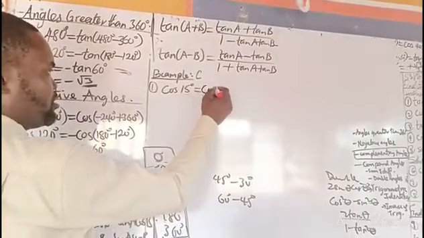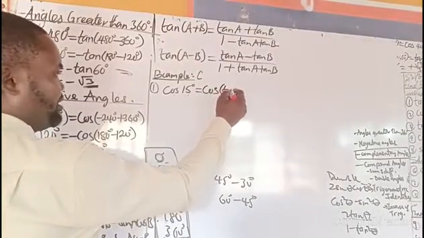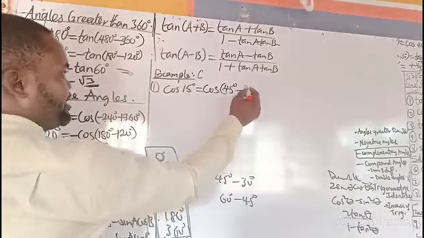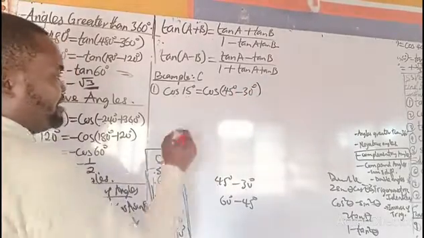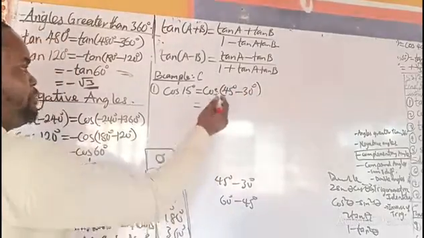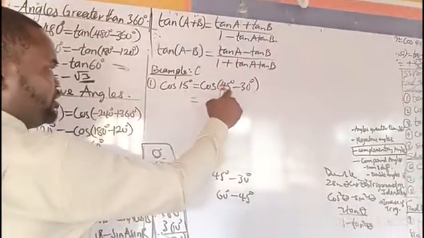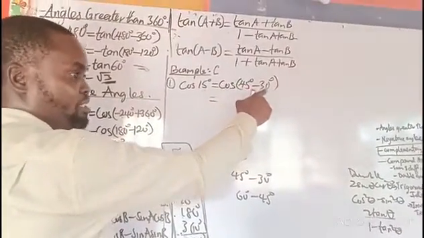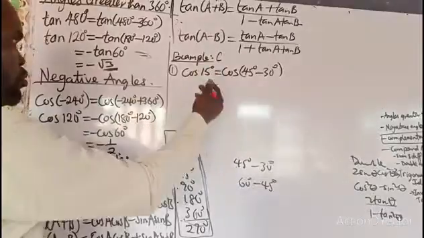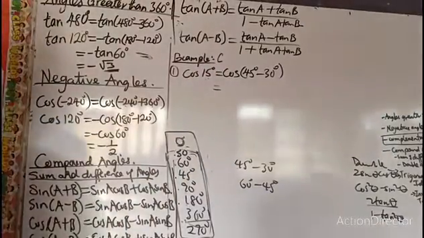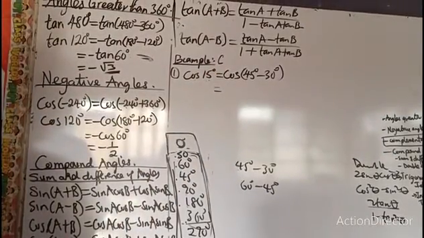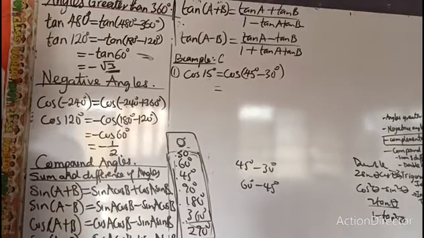So I will say this is cos, open bracket, 45 degree minus 30 degree. And from the formula, this is cos A minus B, so cos A minus B says cos A cos B.